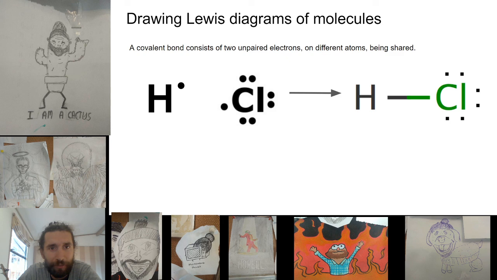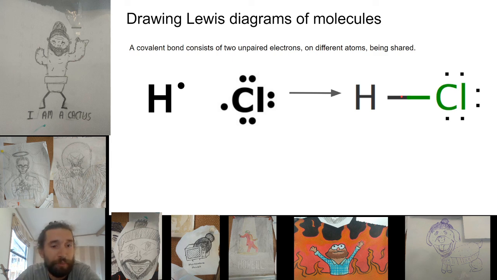Here's a very, very simple one: hydrogen and chlorine. Hydrogen has 1 unpaired electron, and chlorine has 1 unpaired electron. They need 1 electron each, so they join together and form this covalent bond. This dash represents a bond.